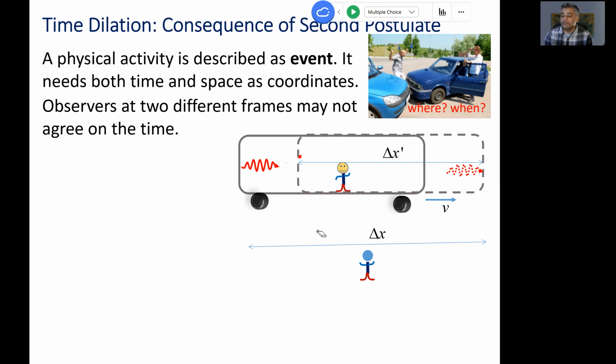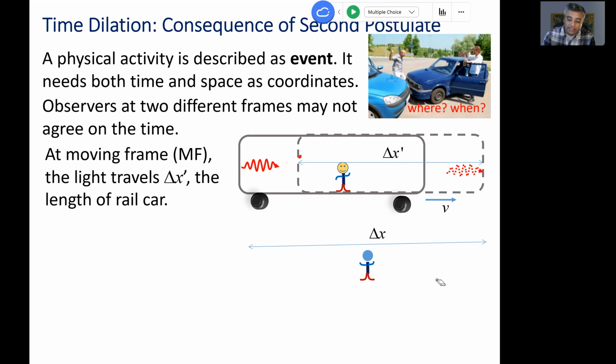So same event, same phenomenon, one in one frame of reference, another in another frame of reference, they don't agree about the event, okay? About their measurement. Now this idea helps us come up with the idea that the time measured by this person and this person must also be different. So how do we do it? So let's take a look here, okay?